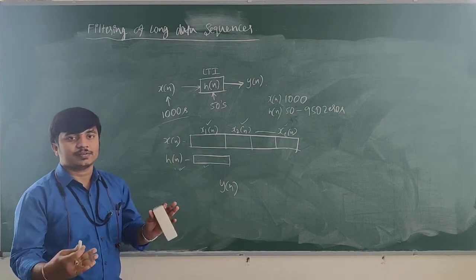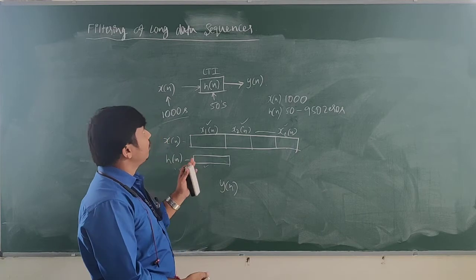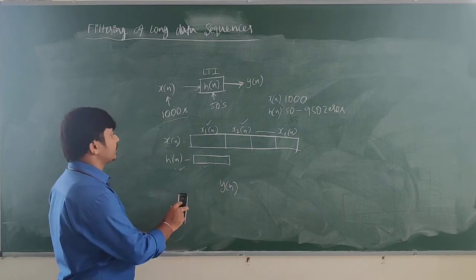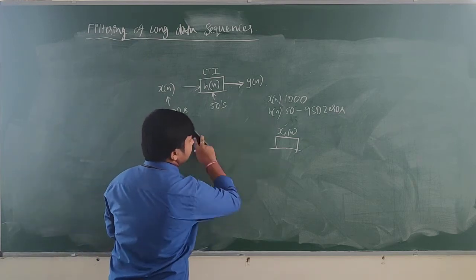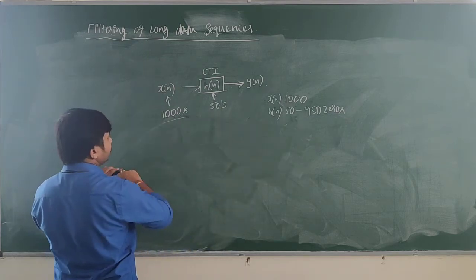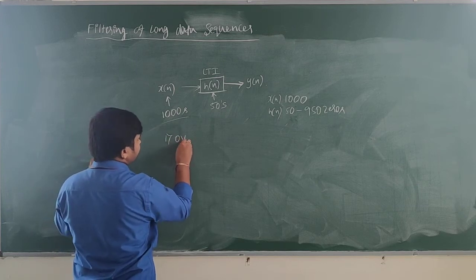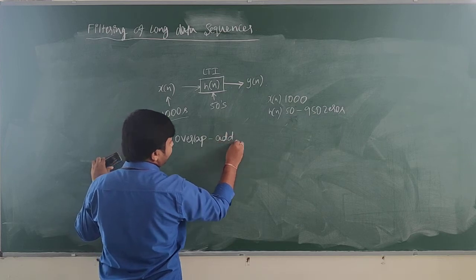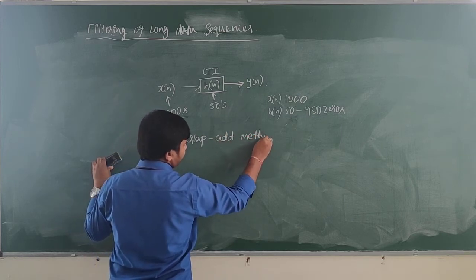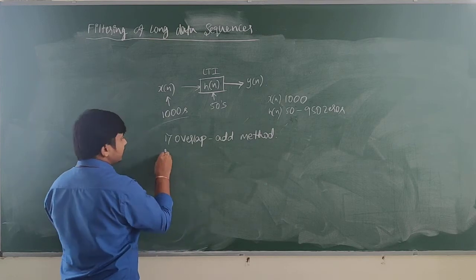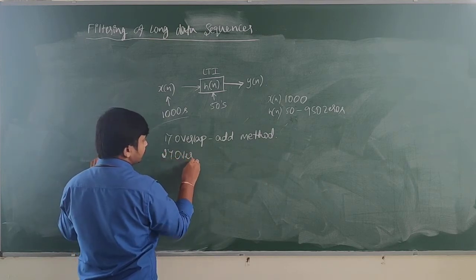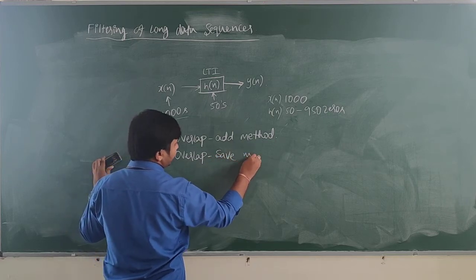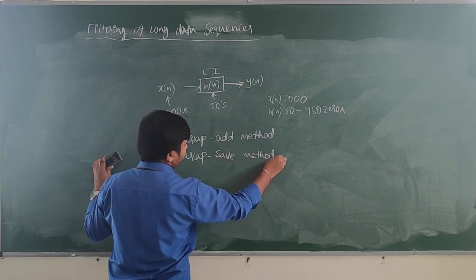We have several algorithms to perform this operation, that is, filtering of long data sequences. Two important such algorithms are the overlap add method and the overlap save method.